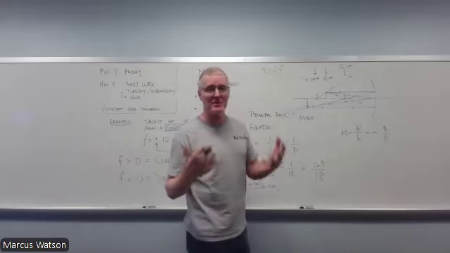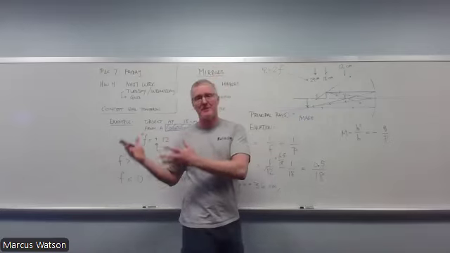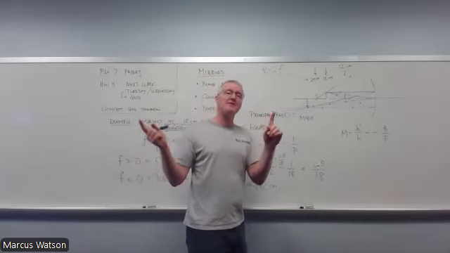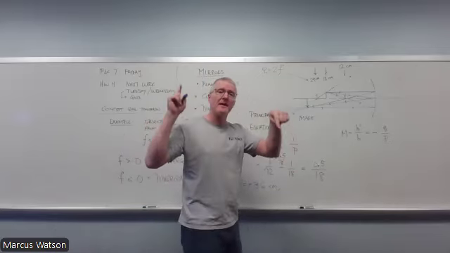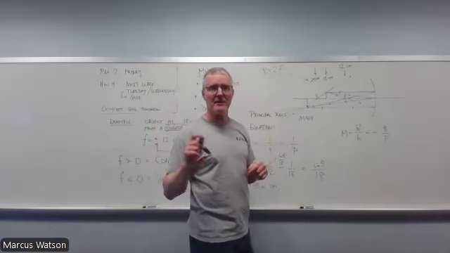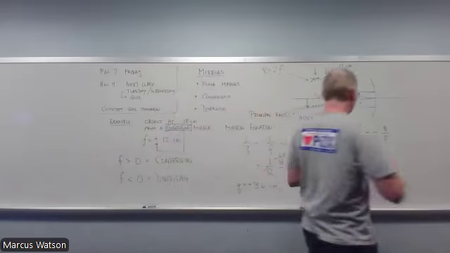It's telling you what the image's height is compared to the object's height. If it turns out that the image has flipped over, then the image is negative of the object's height.